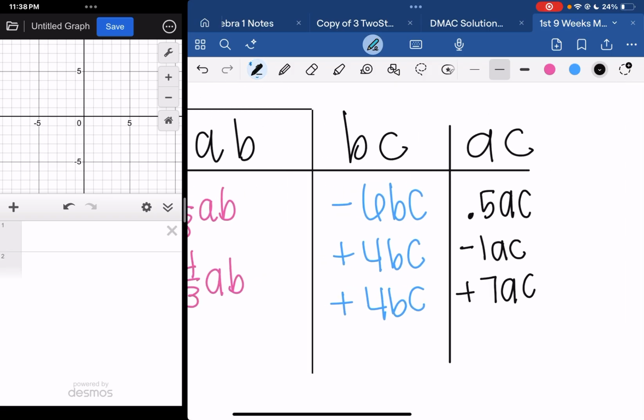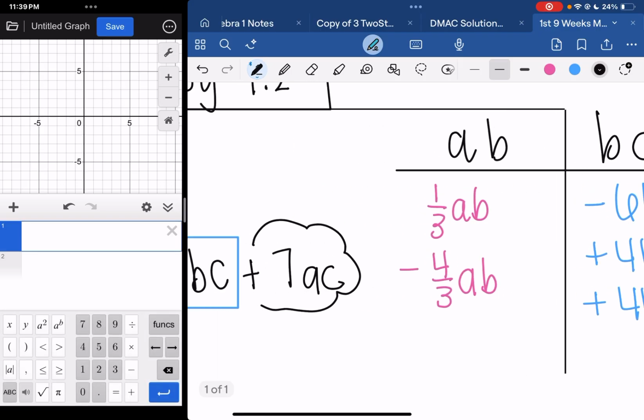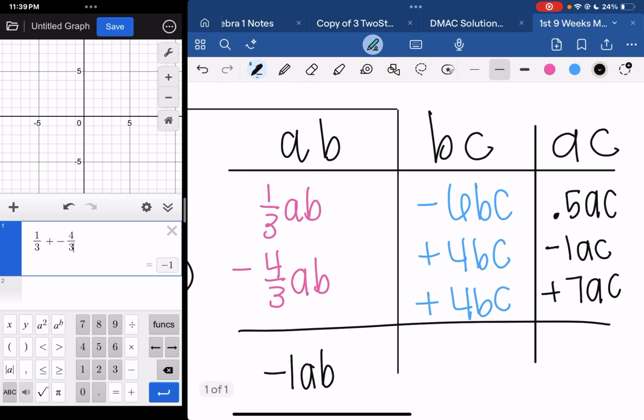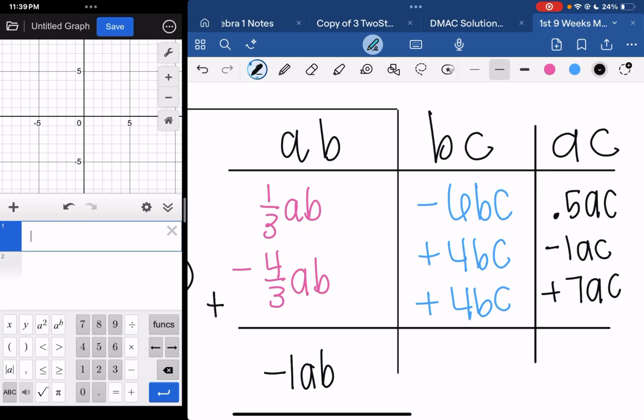All right, then you just add, my friends. So that's 1 over 3 plus a negative 4 over 3. That's a negative 1. So I have negative 1 ABs. For my BCs, I have negative 6 plus 4 plus 4.